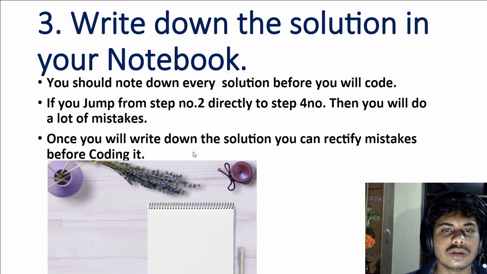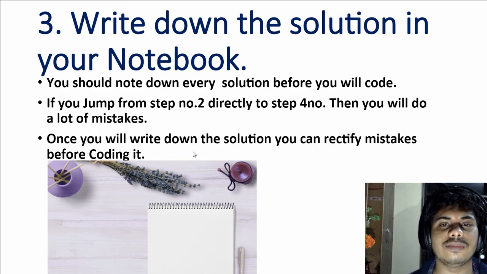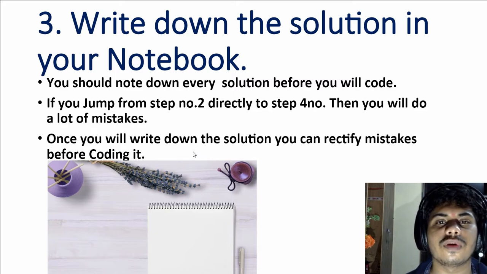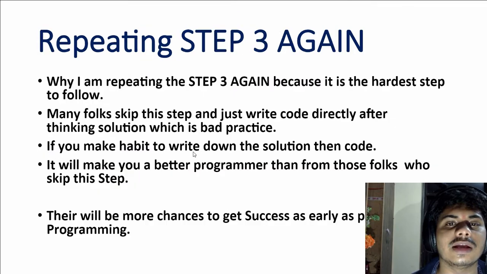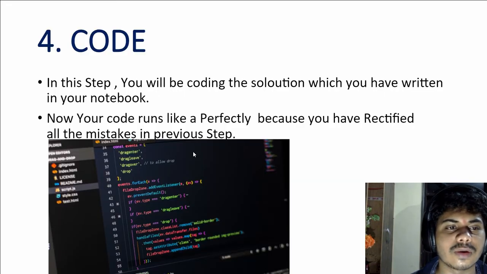Before coding, you have to do this step. Many folks miss this step. If you jump directly from the second step to the fourth step, which is coding, that is a mistake. Our next step is coding.